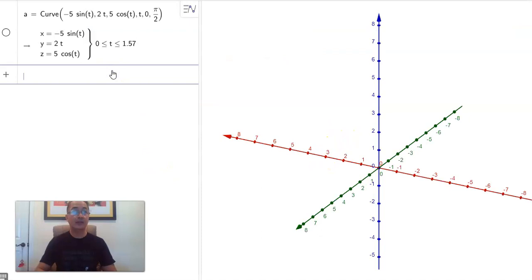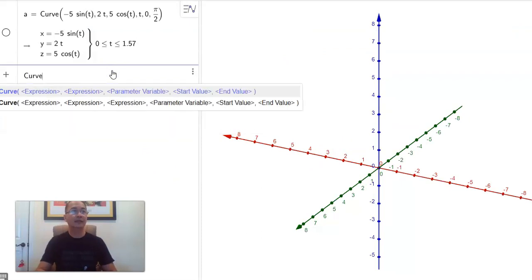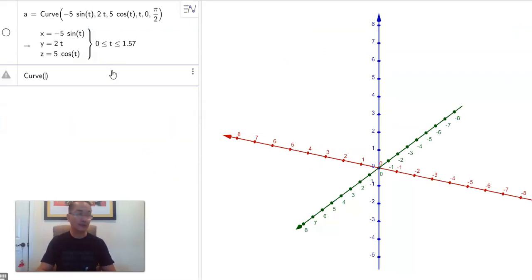I hid our quarter helix and we will make our curve. So xy, z is 0, and our t is going from 0 to pi over 2.